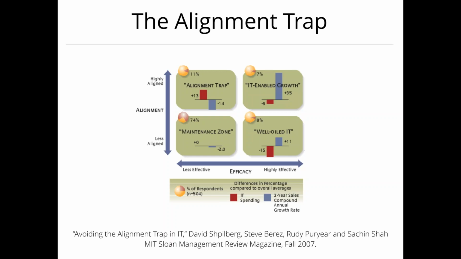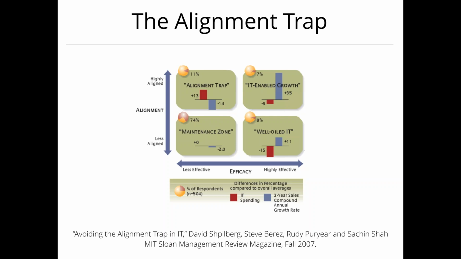In order to study what was the best path to achieving both high levels of alignment and high levels of performance, they surveyed a number of different companies, looking at the IT spending in those companies and the compound sales growth rate for those companies. And what they found is that if you want to move from the bottom left to the top right, there's fundamentally 2 ways to do that. You can pursue alignment first and then pursue improved performance, or you can improve performance and then pursue alignment.